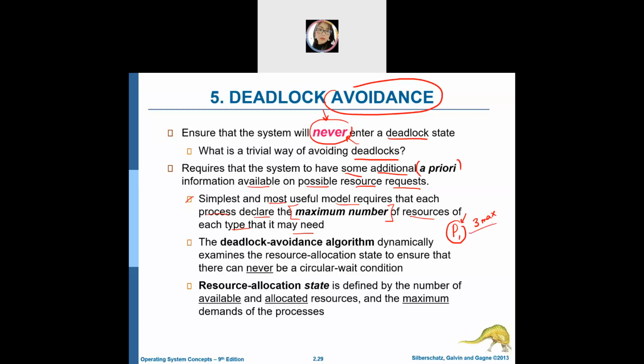First, it needs to declare. If P2 wants to enter your system, it needs to declare that maybe it has a maximum of two resources. So it needs to declare the maximum number of resources.